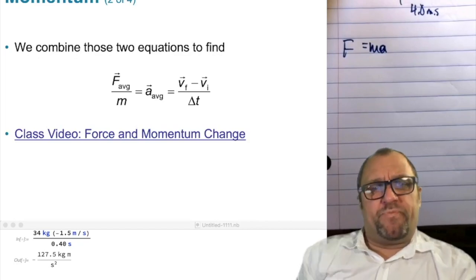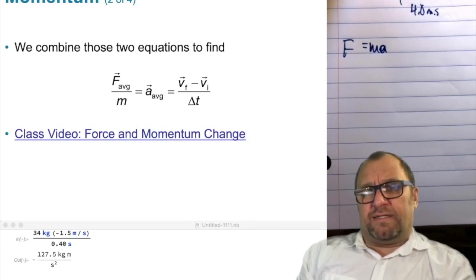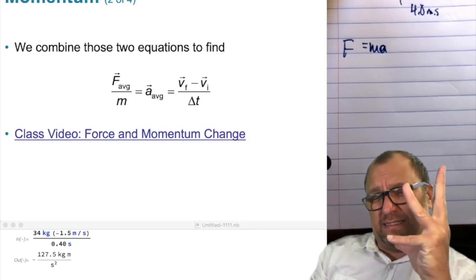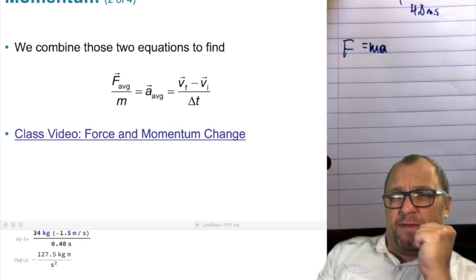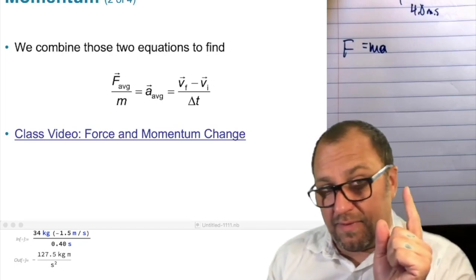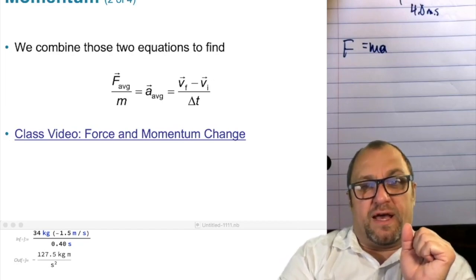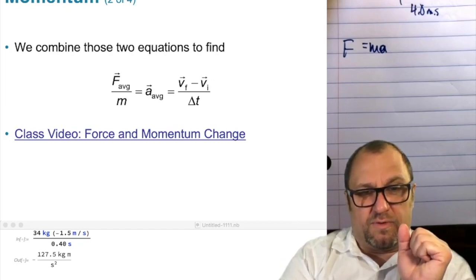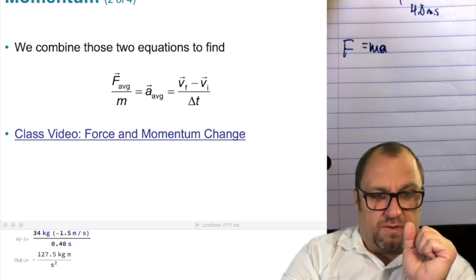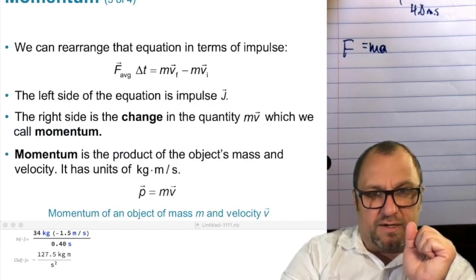We combine these two quantities to find that F over M equals A, but A equals VF minus VI over delta T. This is important. We're not going to watch that video. You can watch the video yourself later.